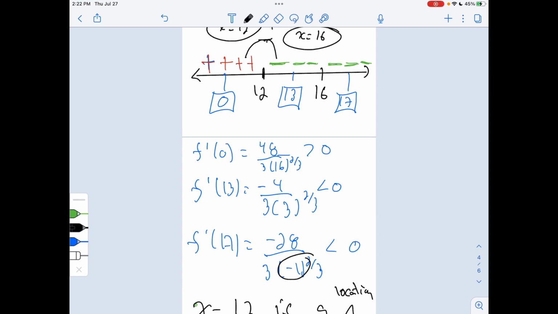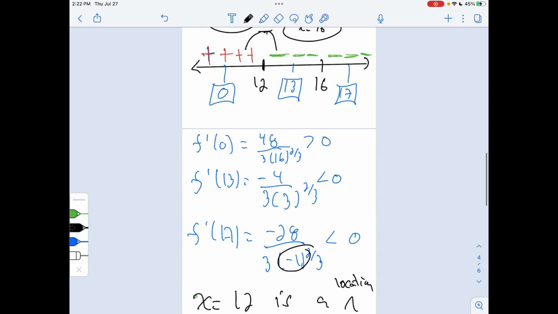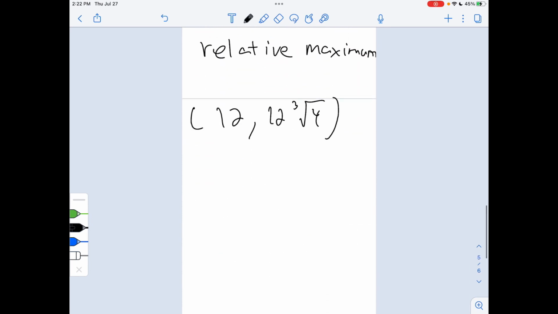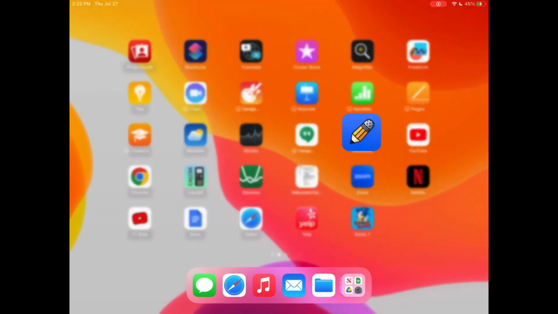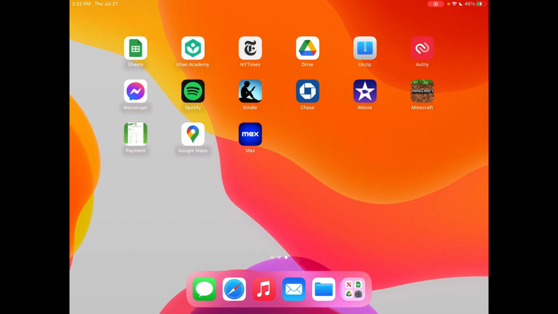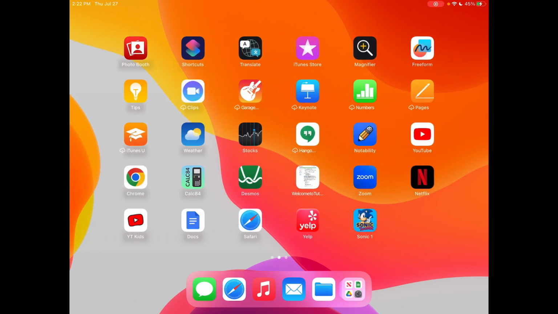And 16 itself, that is what we would call a vertical asymptote, okay? And your graph at 16 would look something like that. In fact, why don't we take a look at that using Desmos? Where are you, Desmos?